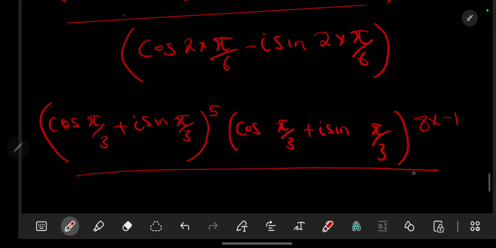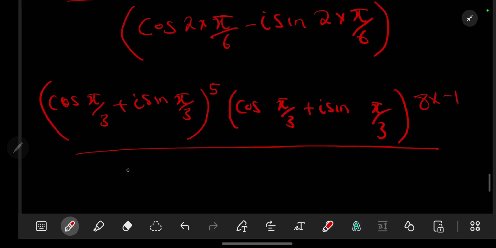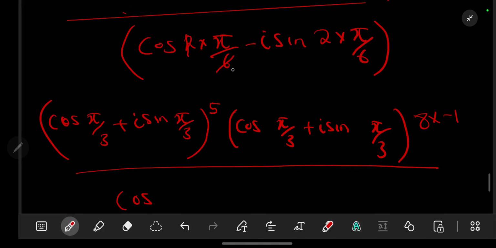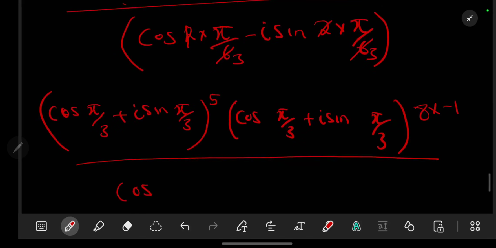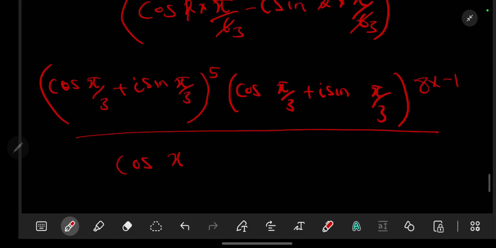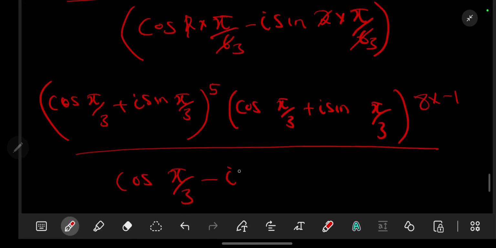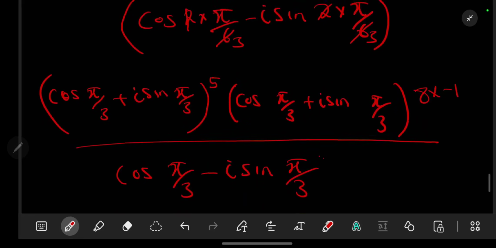Then we divide over this one. We are going to have cos of 2 divided, here it will be 3, here it will be 3. So this gives us the cos of pi over 3, then minus i sine of pi over 3. So this is what we have.